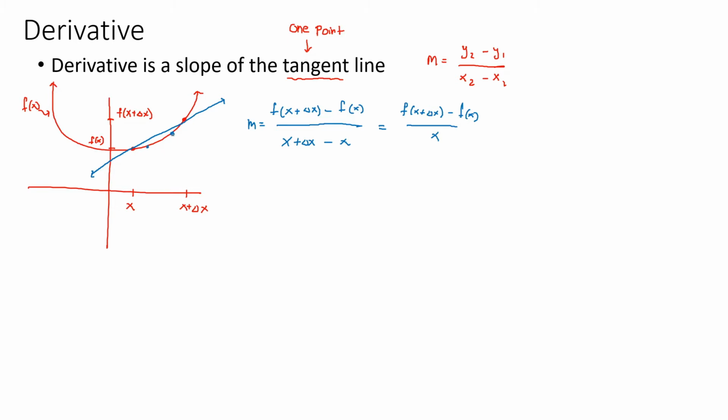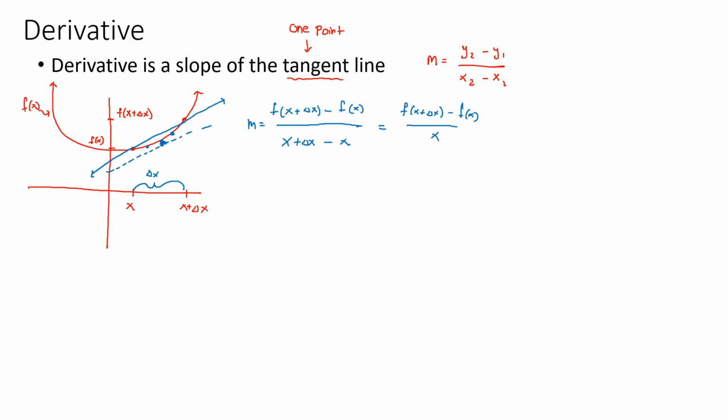And eventually, when these two overlap, in other words, the distance between these 2 points, which is known as delta x, decreases, it will become a single point. Like this. Becoming a tangent line.